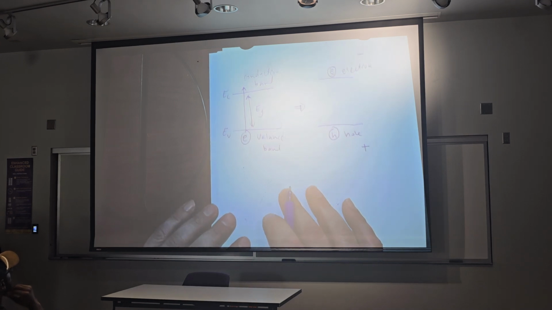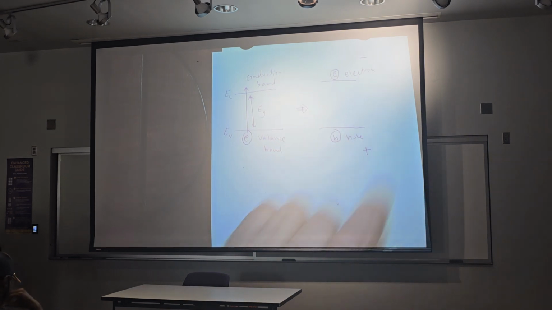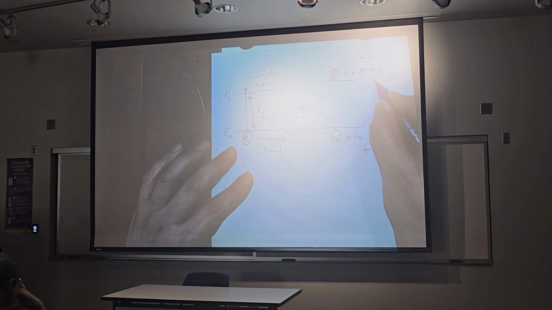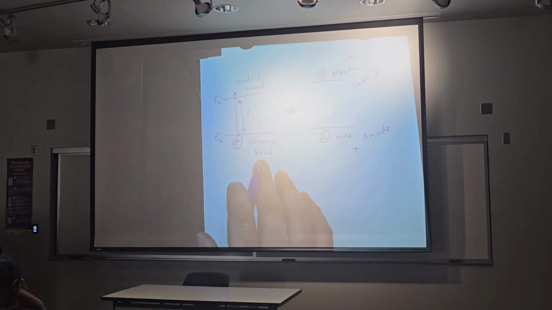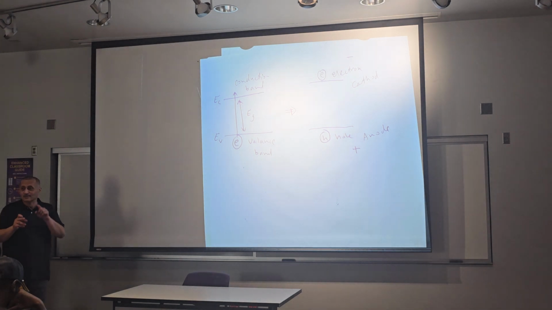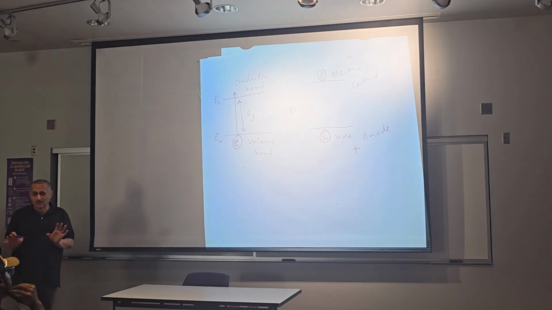So negative is the cathode terminal and positive is the anode terminal. Now we have generated the anode and cathode terminals of the solar cell.